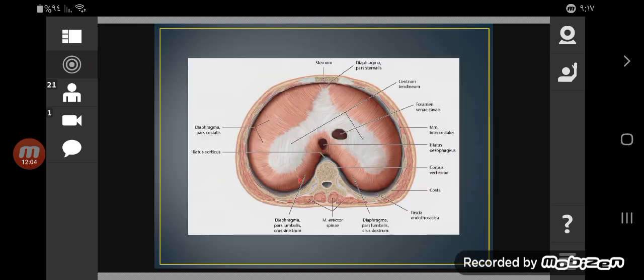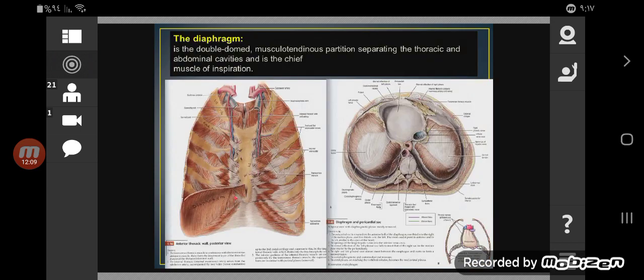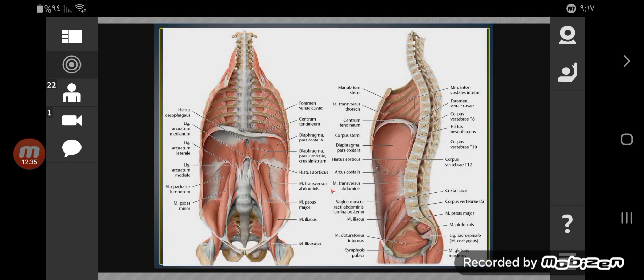In another picture, I show you better: this triangular gap is Larrey's cleft, or the foramen of Morgagni, between the sternal and costal attachments.